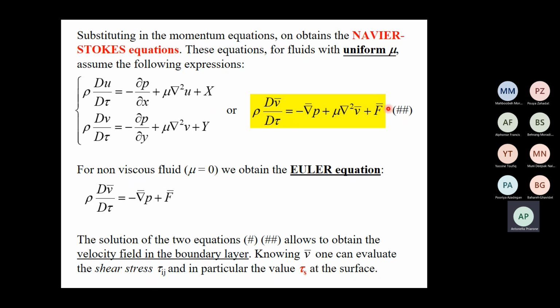Another assumption: if I consider a non-viscous fluid, with mu equal to 0, I can simplify the equation more, obtaining the so-called Euler equation that is written here.